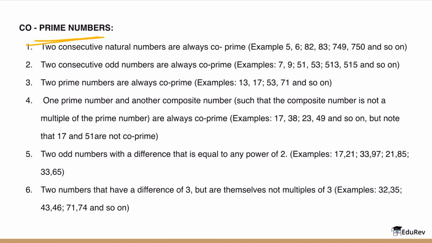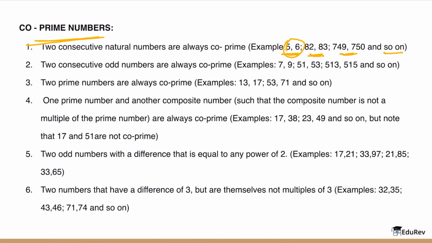So what are CoPrime numbers and what are some of the properties of CoPrime numbers that we are going to do now? It's very, very simple. Two consecutive natural numbers are always CoPrime numbers. Example 5 and 6, 82 and 83, and so on. Why?